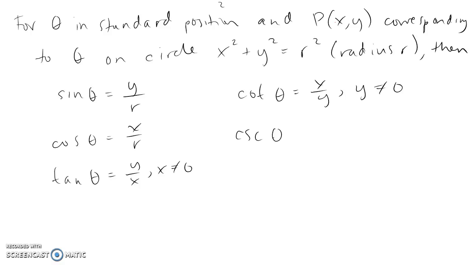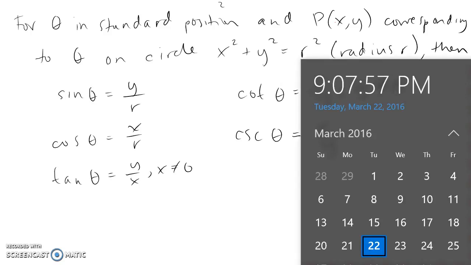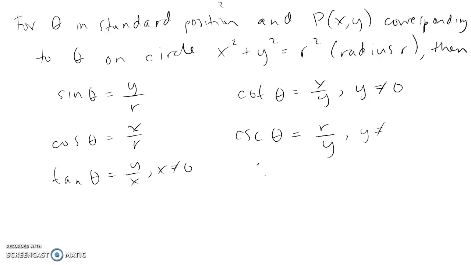The cosecant of theta is defined as r over y instead of 1 over y, where y is not 0, and the secant of theta will be r over x, where x is not 0. Notice that these are actually identical to what we talked about before. It's just that the radius before was 1. So for instance, when we had sine theta equals y over r, we had y over 1, which is just y.